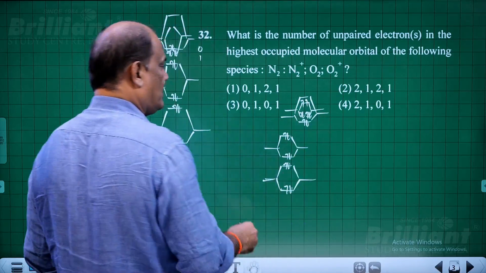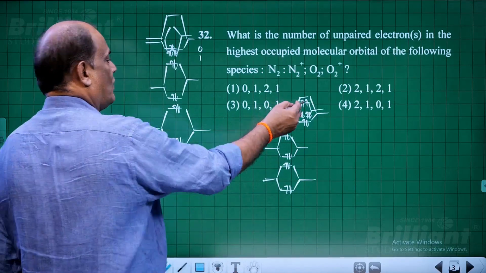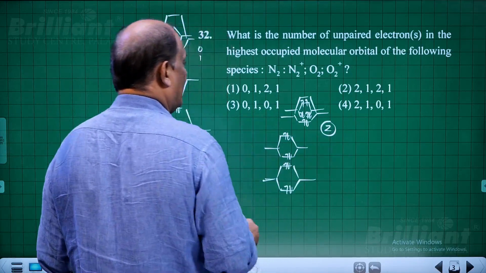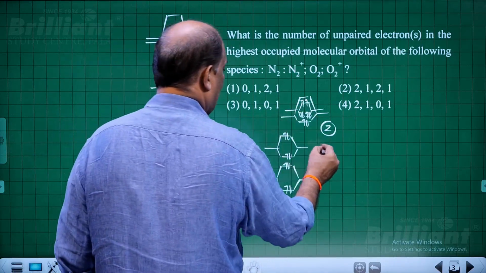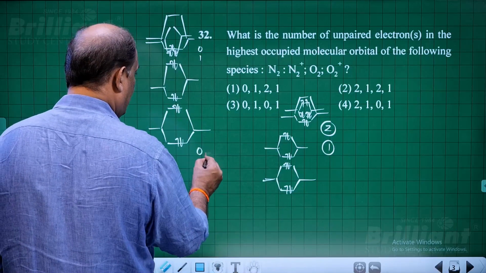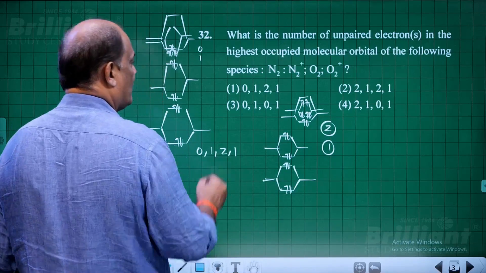This is the 1. This is the 1. Again, highest occupied. This is a 2. Again, if at all electron is removed, then it is becoming what? 1. So here, what we write here? 0, 1, 2, 1.